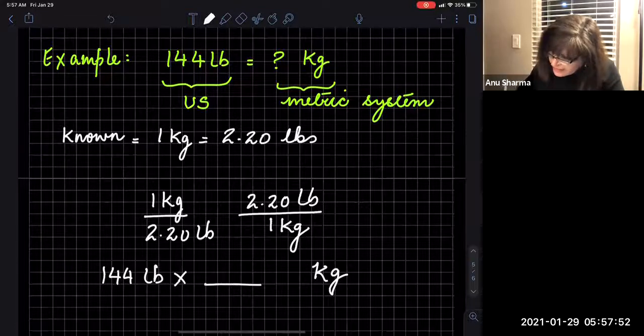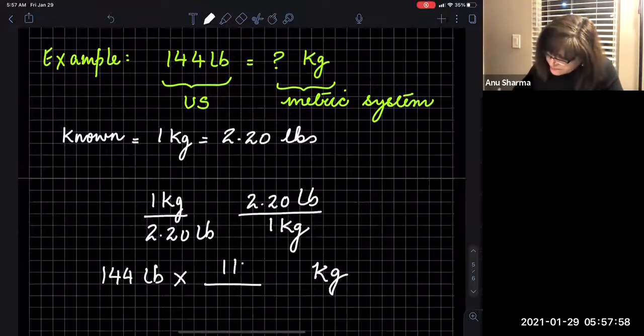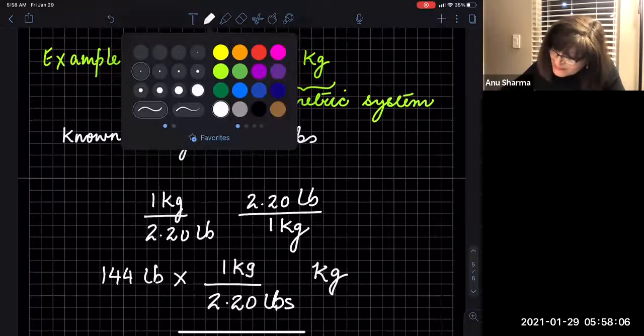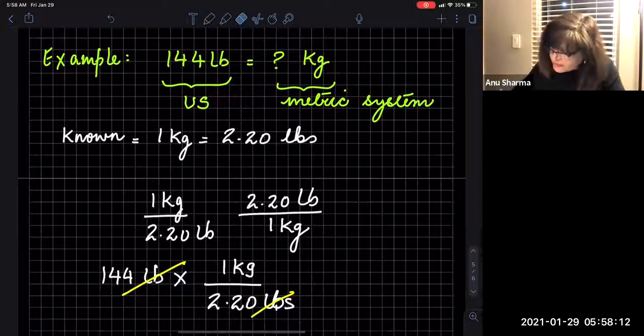So we know that 1 kilogram over 2.20 pounds. Okay, so here you have pounds and pounds cancel out and you are left only with the unit of kilograms.